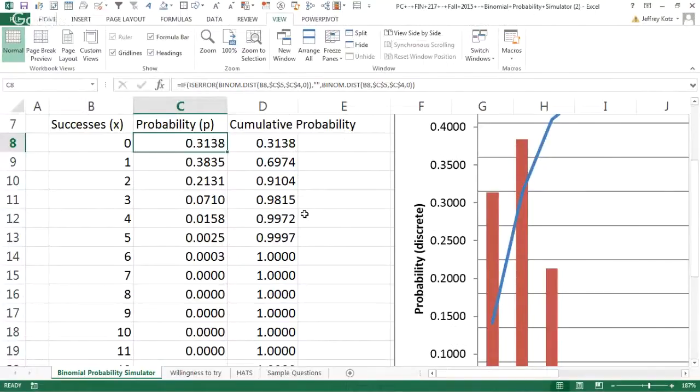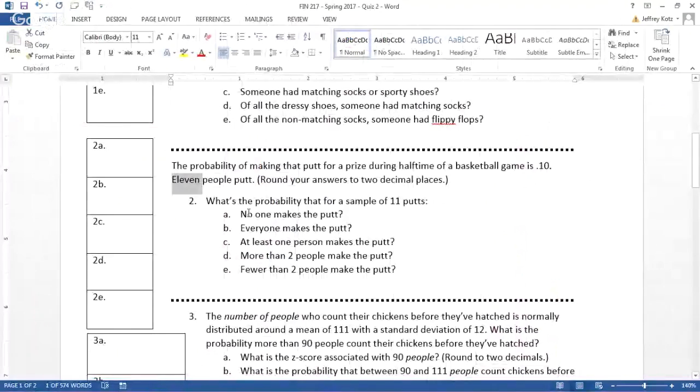Okay. Question 2A says, what's the probability no one makes the putt? That's x equals 0. Everyone makes the putt, x equals 11. At least one person makes the putt. It's x equals 1 or 2 or 3 or 4 or 5, all the way to 11, otherwise known as x does not equal 0.